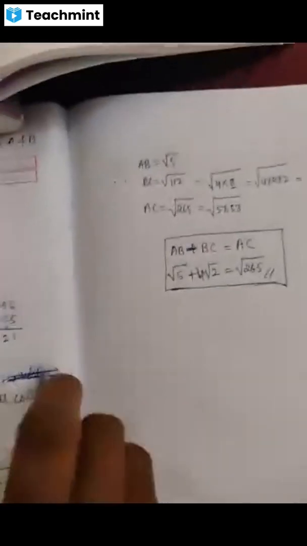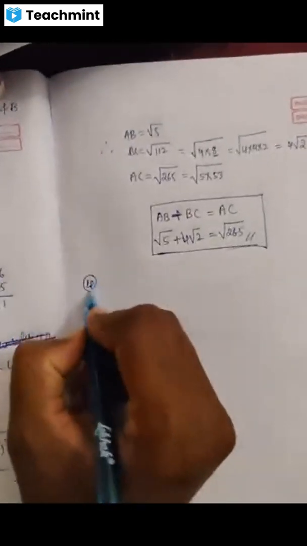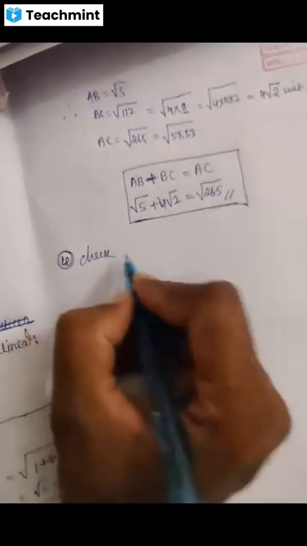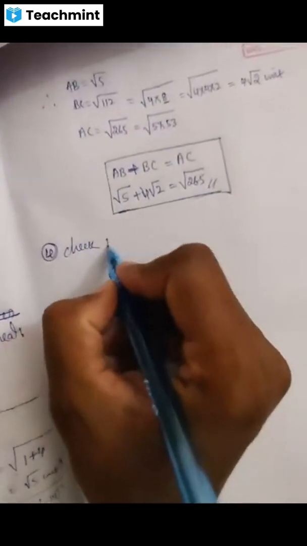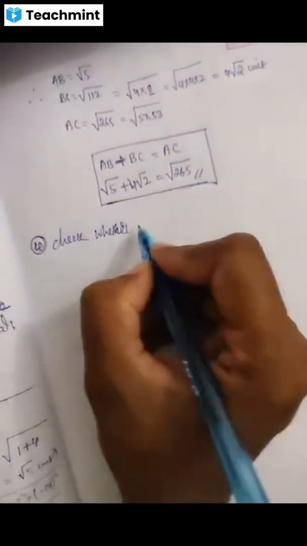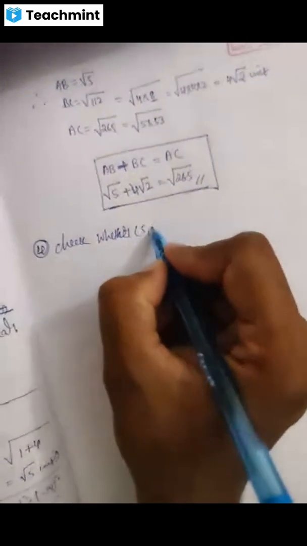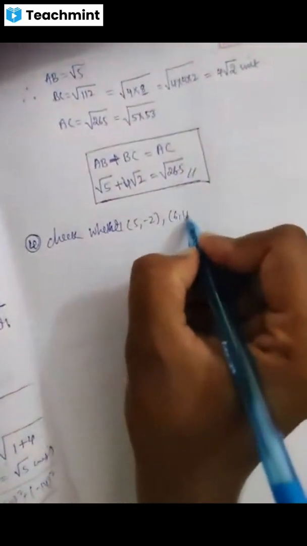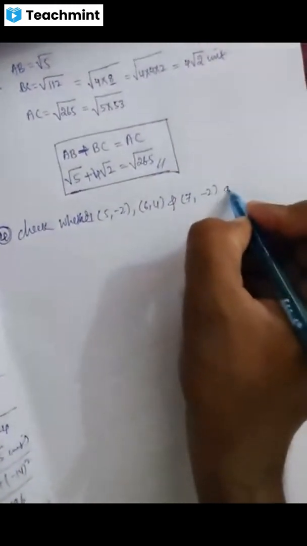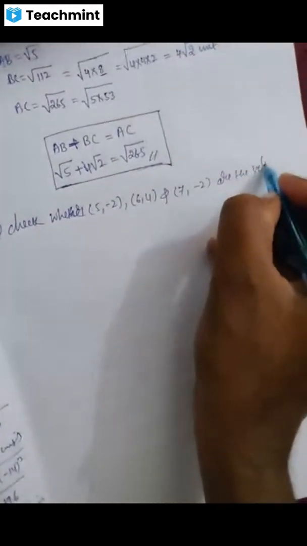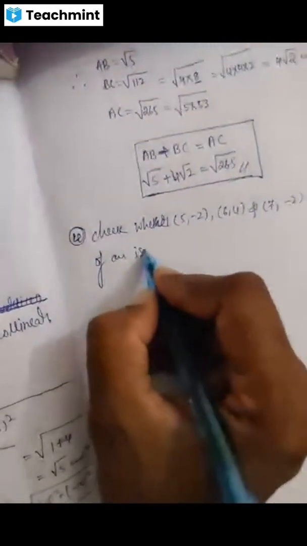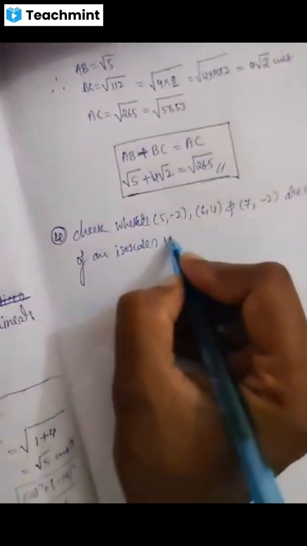Okay, one more question I have to solve. After that I add a work. Check whether 5 2, 6 4 and 7 minus 2 are the vertices of an isosceles triangle.